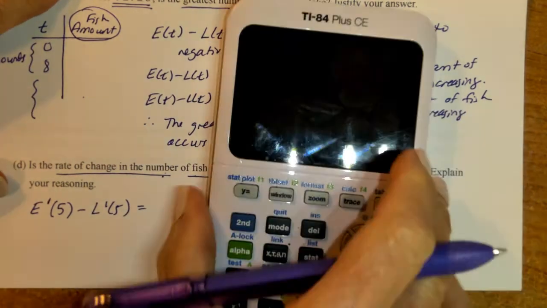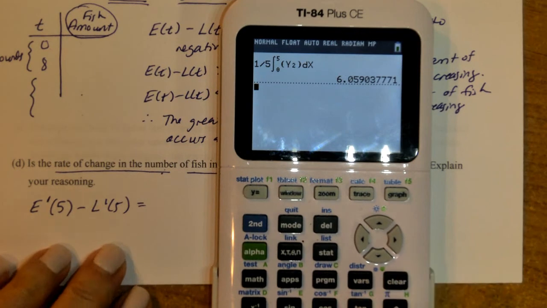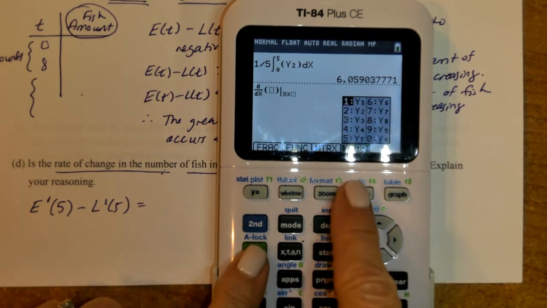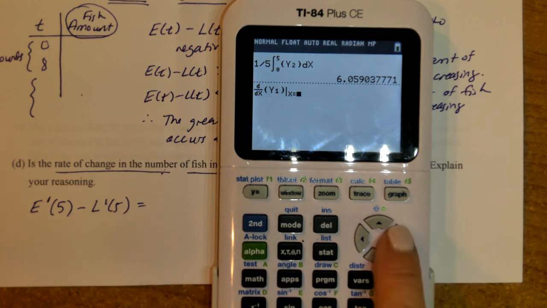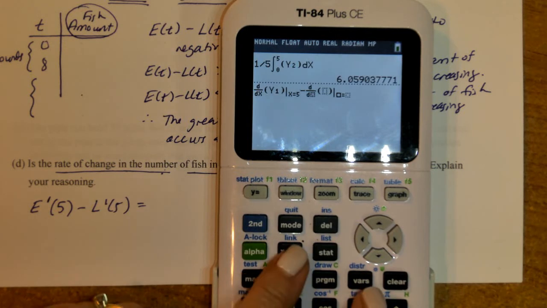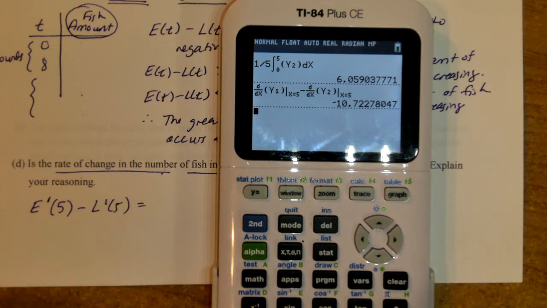Let's see what that is. So the derivative of my y1 at time 5 minus the derivative of y2 at that time.